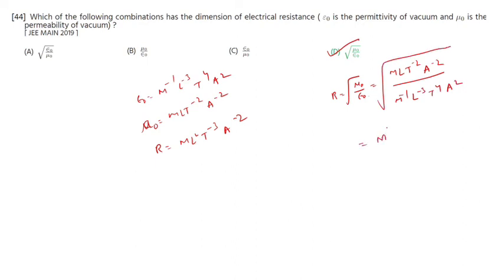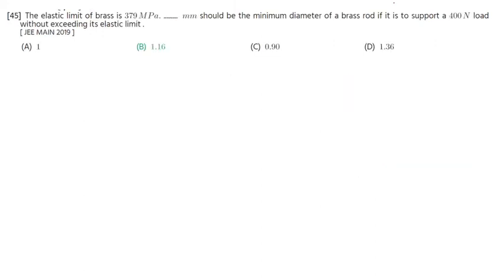So you will be getting M square, L power 4, T power minus 6 and A power minus 4 under root. If you simplify that, you will be getting M L square T power minus 3 A power minus 2, which is equal to R. Okay, next, see the next question.